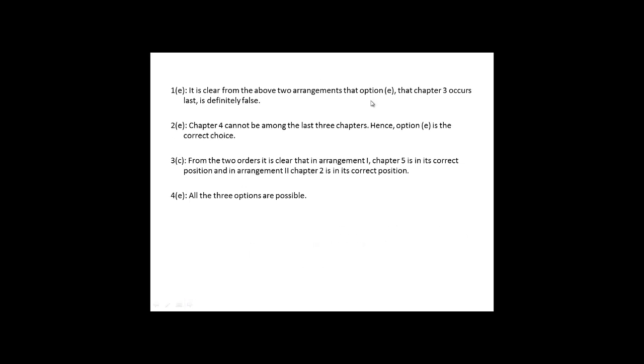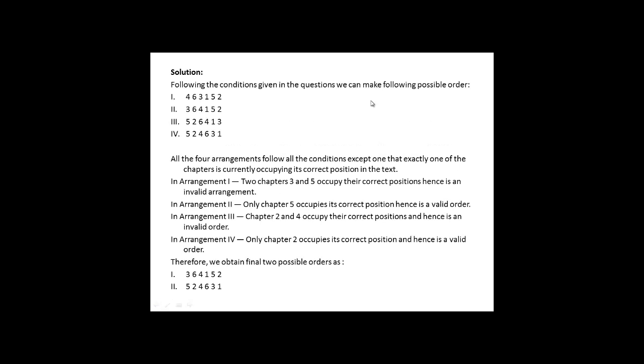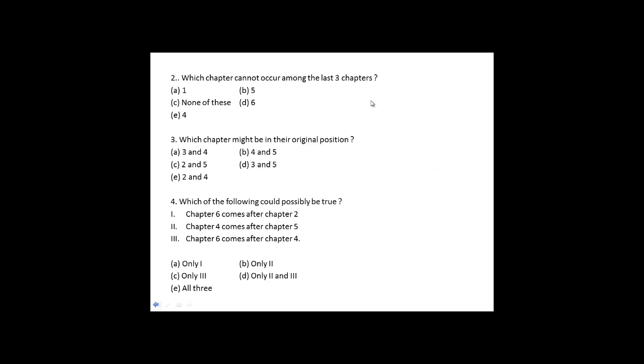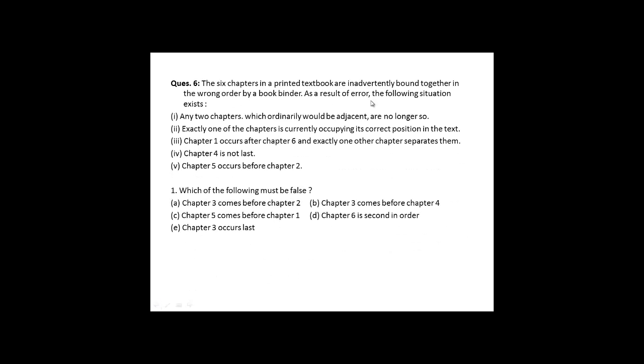Now, it is clear from the above two arrangements that option E, that chapter 3 occurs last, is definitely false. We don't have chapter 3 in the last place, so this is our answer.